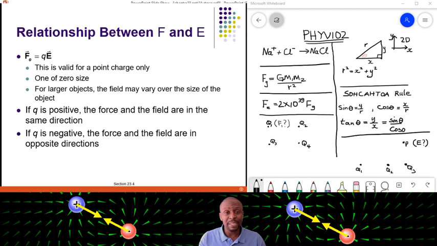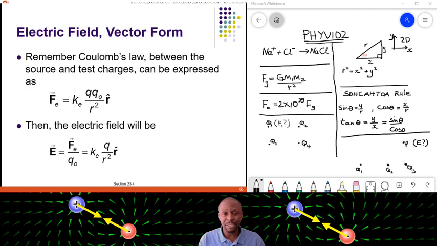But for a large object, the field may vary over the size of the object. Now, if Q is positive, the force and the field are in the same direction. But if Q is negative, the force and the field are in opposite directions.